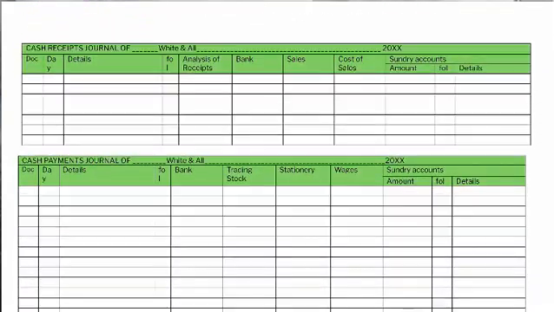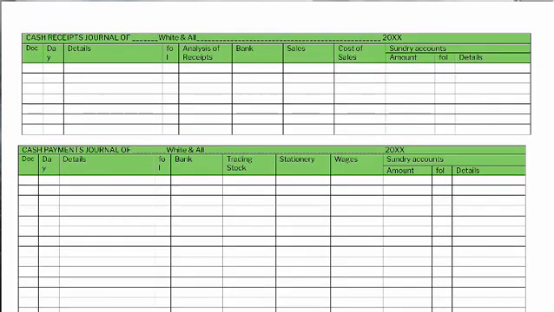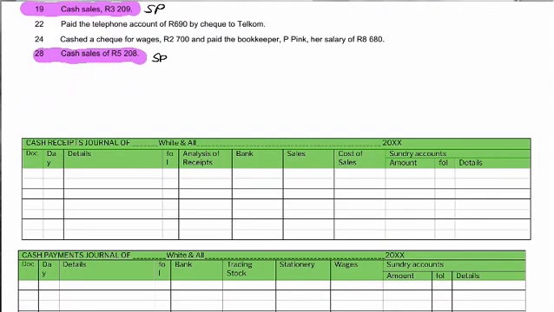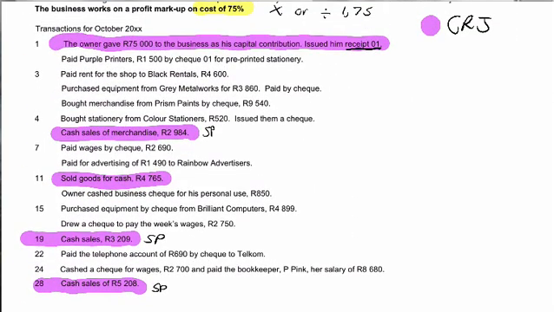So if we go in, we can see we are in the cash receipts journal of White and All. Our first CRJ transaction is on the 1st. They tell us it's receipt number 1. And it is the owner contributing capital to the business of 75,000 Rand.